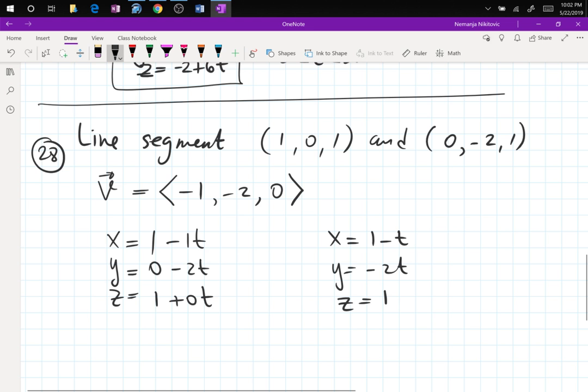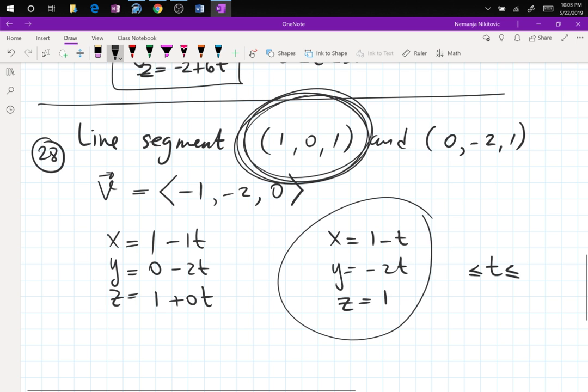And now I have to figure out what are the values for t that will give me these points. So now I look at the first point and I look at the equations I have. For what t am I going to get this point? For 0.